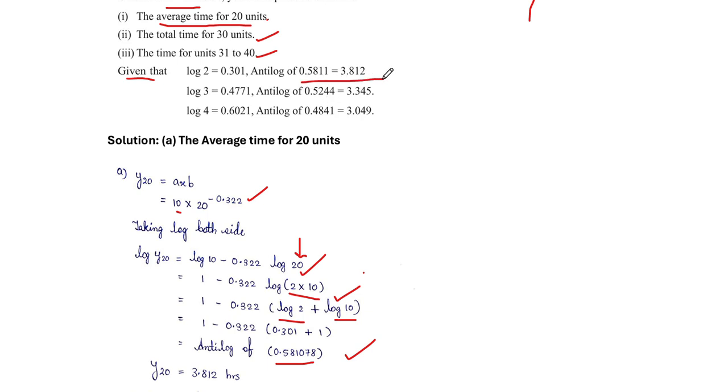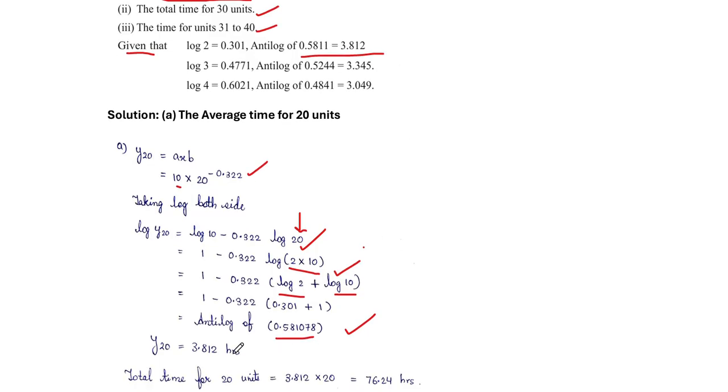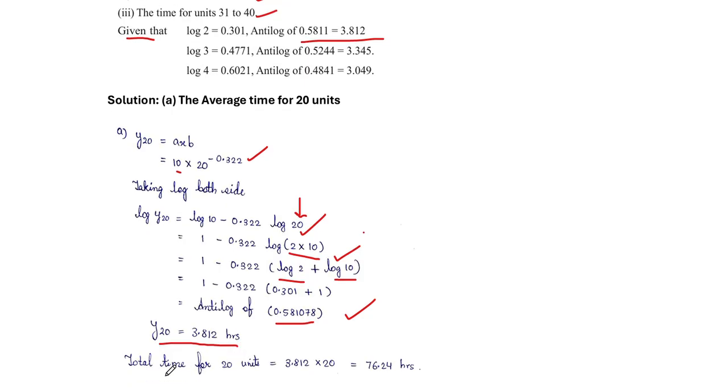In the question it is already given that the antilog of 0.5811 is 3.812. So y20 is equal to 3.812. This is the average time for all 20 units. Now we will take the total time for 20 units.